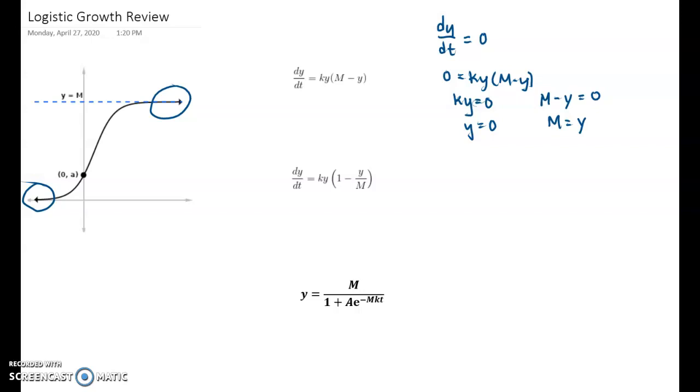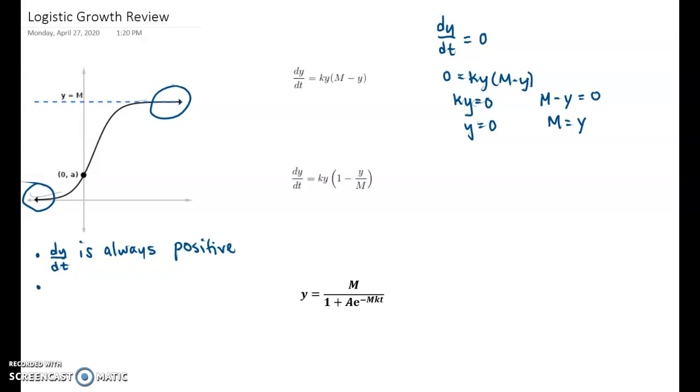So the idea that you need to know about the logistic growth is that dy/dt is always positive. As you can see, our graph is an uphill graph. I said it's always increasing, but I meant it's always positive.